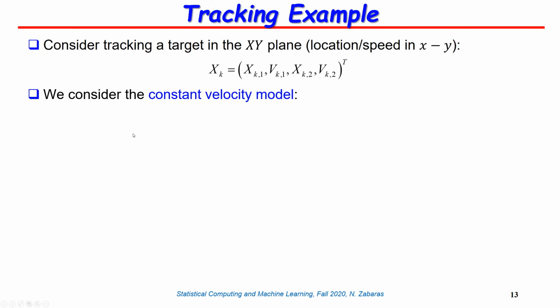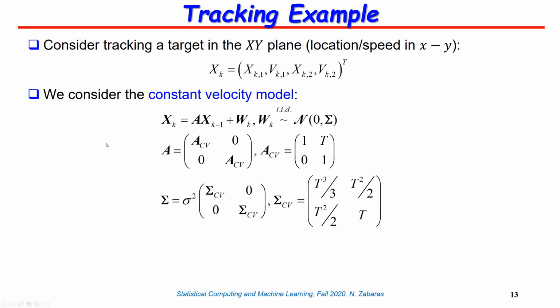So what I can do is write a constant velocity model that looks like this: x_k equals A times x_(k minus 1) plus some Gaussian noise. The matrix A here consists of these blocks, A subscript CV. CV implies constant velocity model, and each of these matrices A_CV is [1, T; 0, 1].